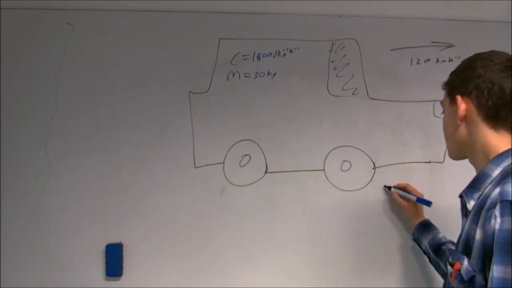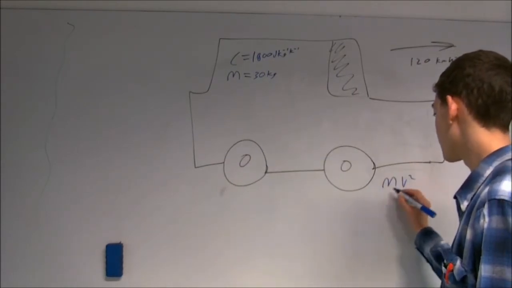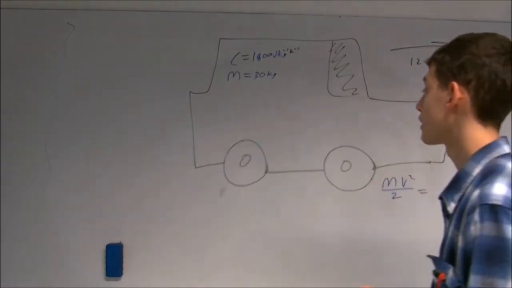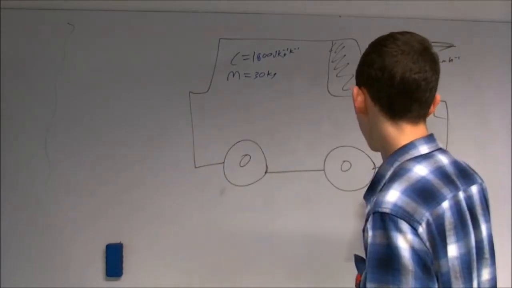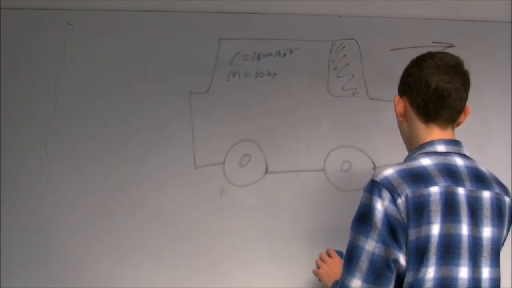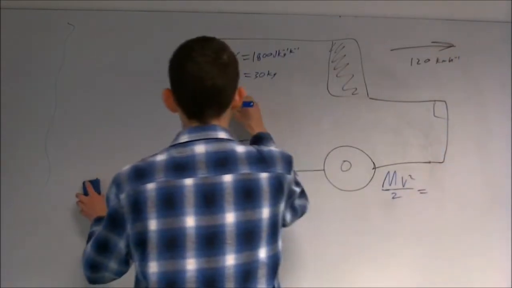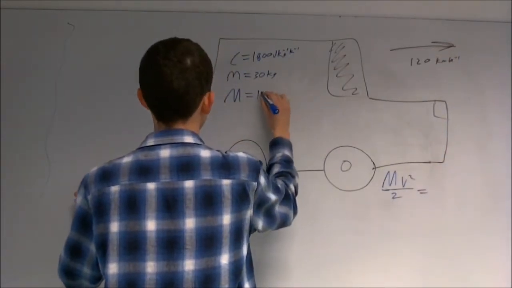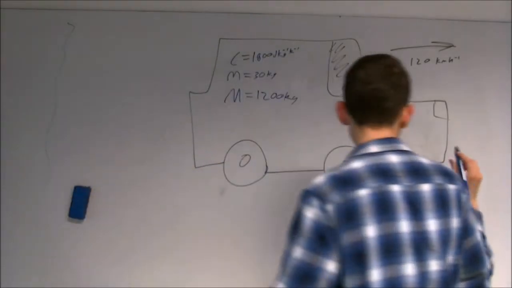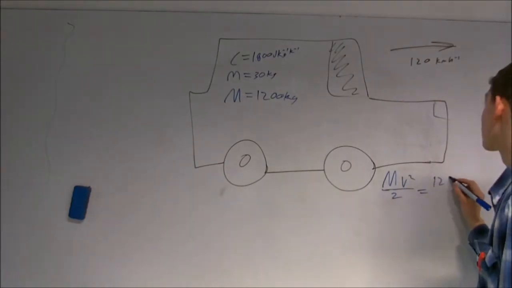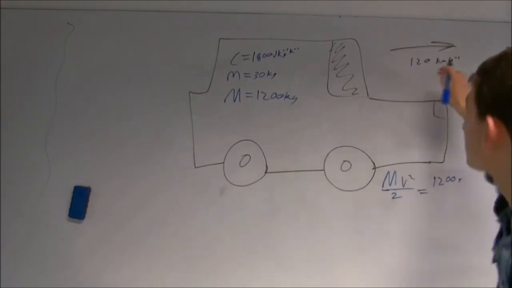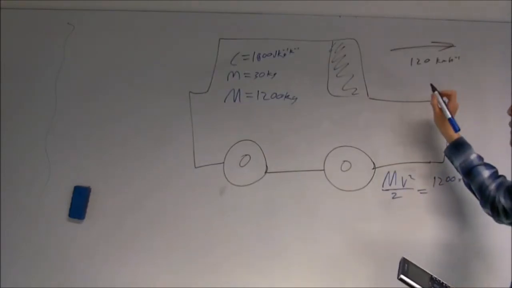Change in energy, so it starts with energy, mv squared over 2, where M is the total mass of the car, 1200 kilograms. 1200 times, convert these units to meters per second.